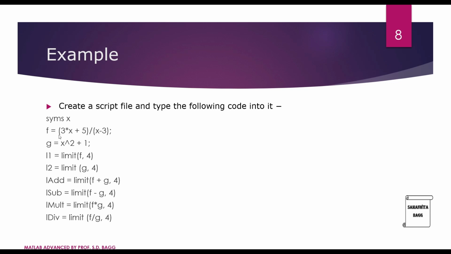Then f is equal to (3x + 5) / (x - 3), this is the equation, and g is x squared plus 1. The first thing that I'll write is L1 is limit f comma 4, which means in this function I will substitute x as 4. Then L2 is limit g comma 4, meaning I'll substitute 4 in this equation in place of x.